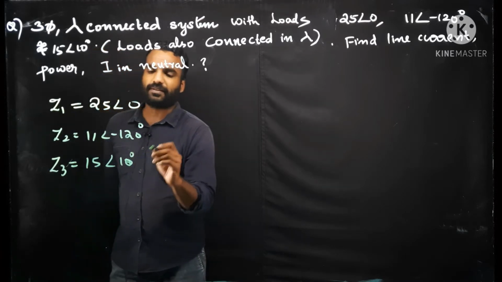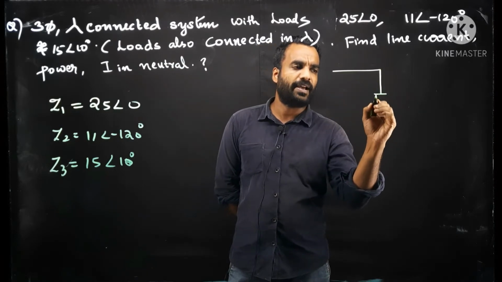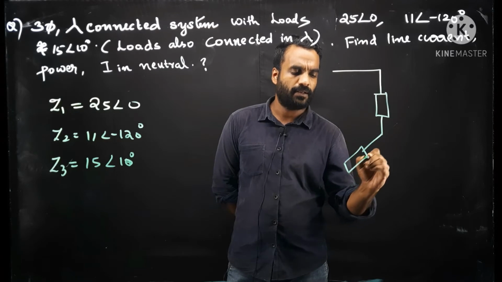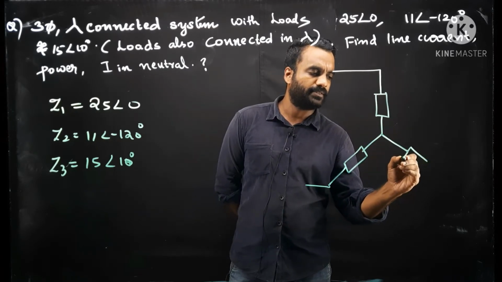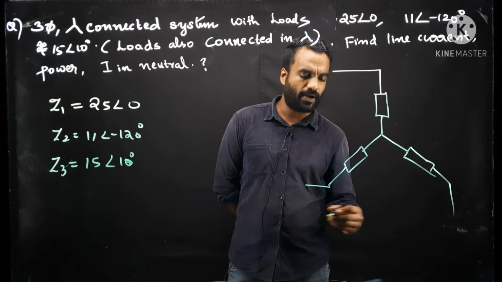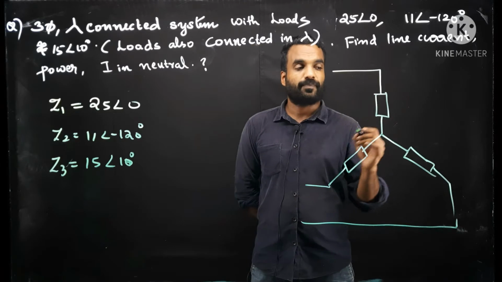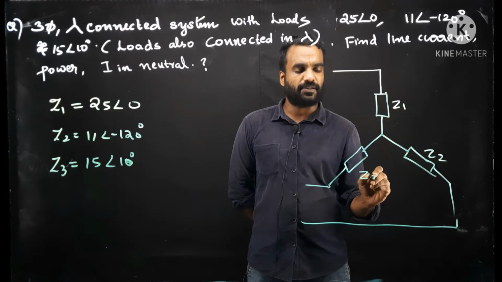So please check, do all three loads have the same value? No. Z1, Z2 and Z3, all three impedances do not have the same value. Suppose this is Z1, this is Z2 and this is Z3.